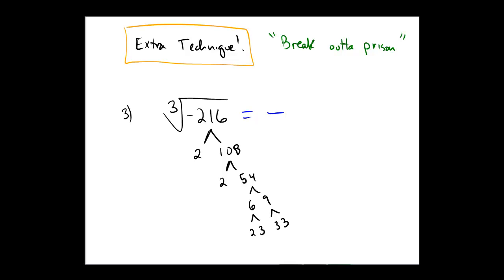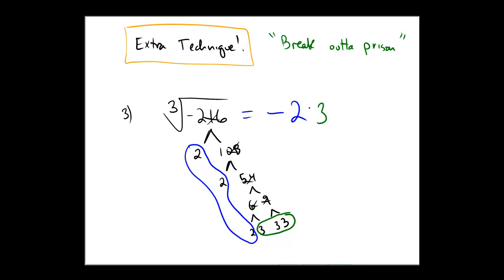So in order to escape from a third-degree prison, we need to find all cubes, perfect cubes. So 2, 2, 2 would indicate to me that the number 2 escapes from prison. Similarly, 3, 3, 3 would indicate that the number 3 escapes from prison.